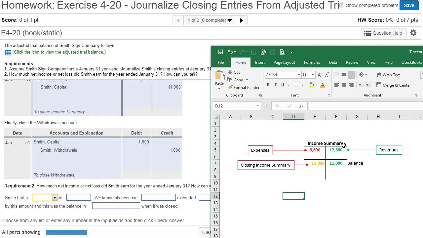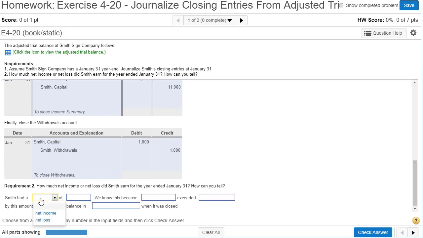We also know we have a net income because the income summary summarizes it. So we have revenues on the right side, expenses on the left side. So now we can neatly take the revenues, subtract the expenses, which gives us $11,000 net income. So Smith had a net income of $11,000.